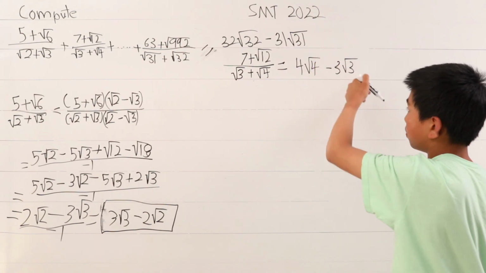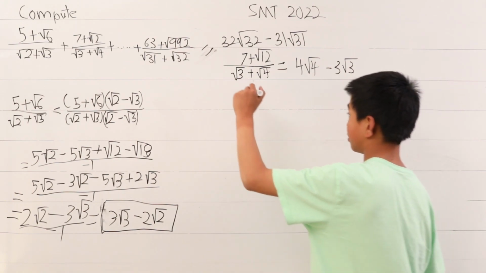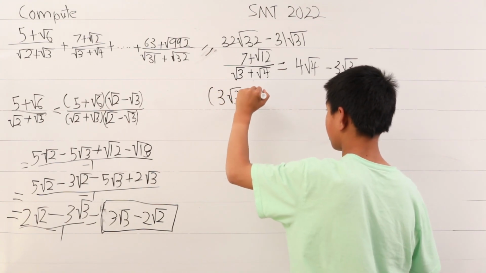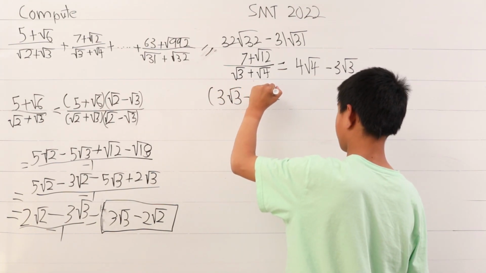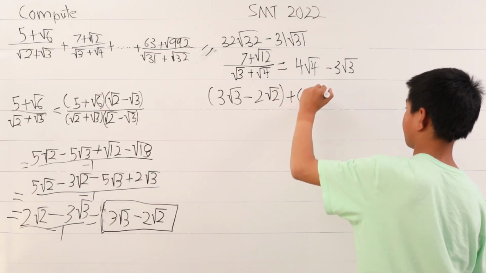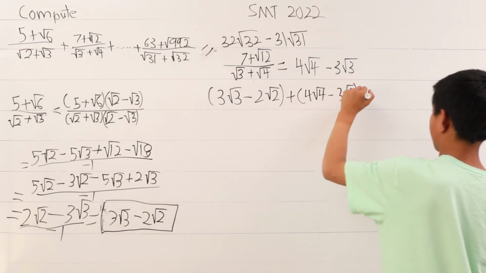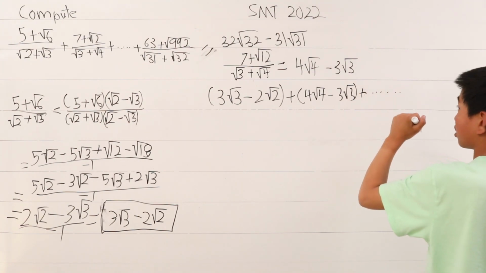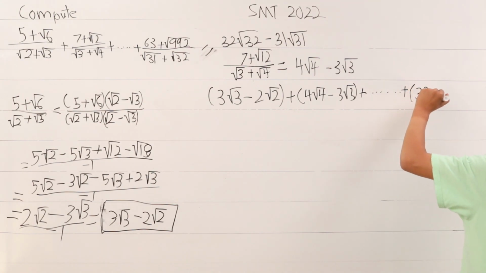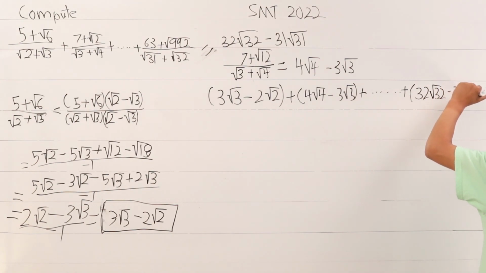So now we can plug these values into the original equation and see what happens. Our first term is 3 times the square root of 3 minus 2 times the square root of 2. Now you add 4 times the square root of 4 minus 3 times the square root of 3. Now you add all of the values in between according to this rule, until the final term, which is 32 times the square root of 32 minus 31 times the square root of 31.